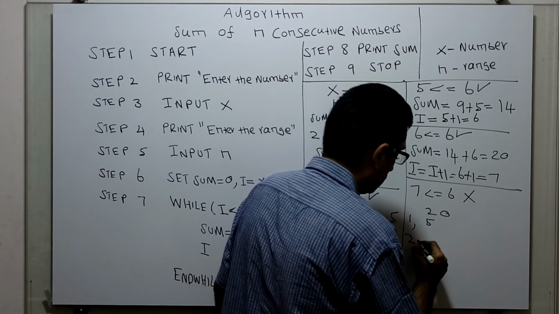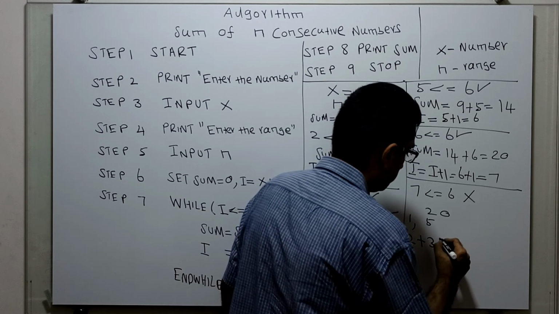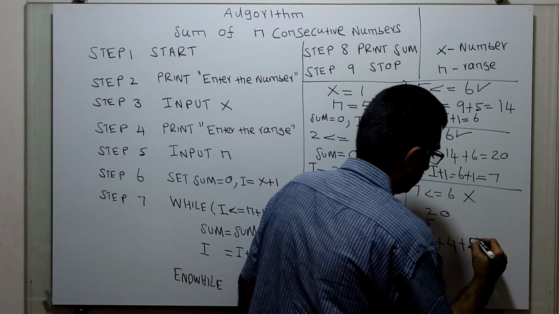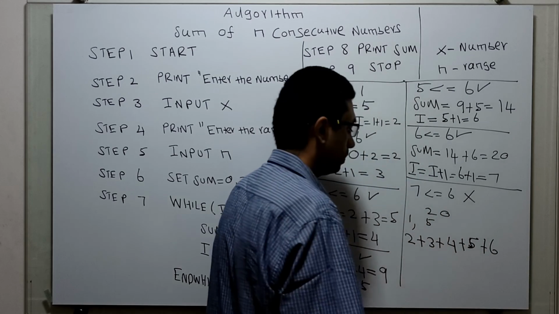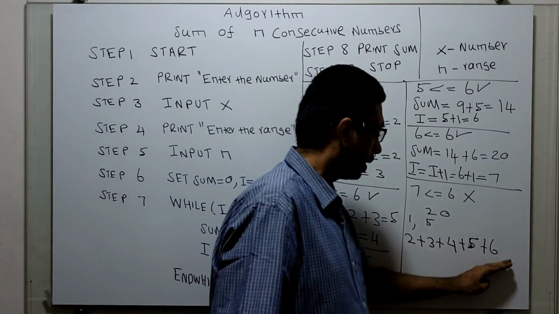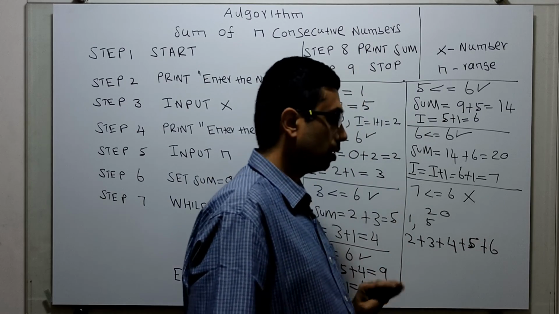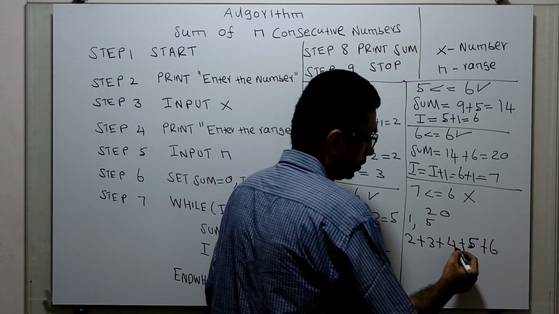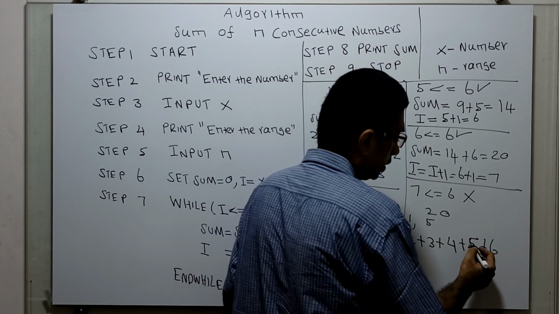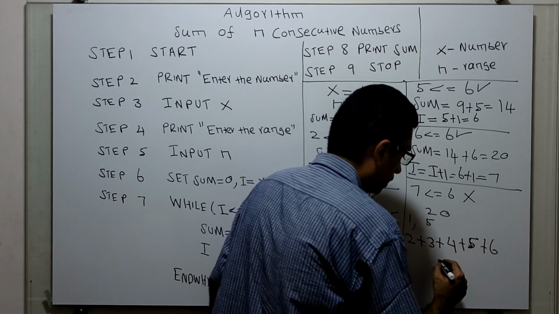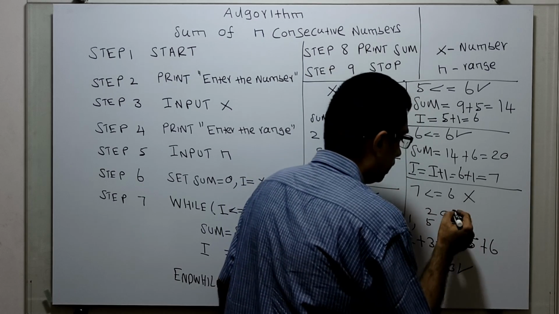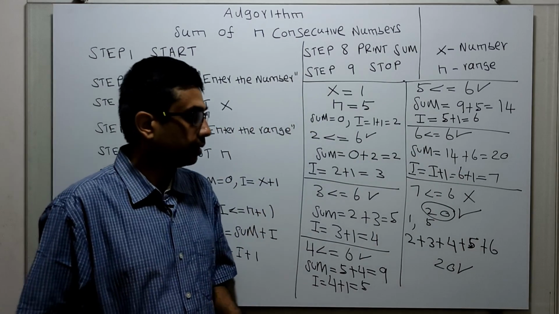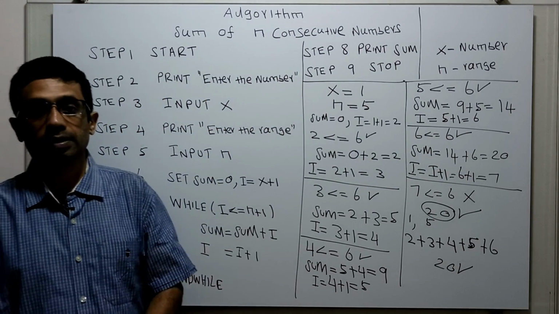That is 2 plus 3 plus 4 plus 5 plus 6. So 2 plus 3 is 5, 5 plus 4 is 9, 9 plus 5 is 14, 14 plus 6 equal to 20. So my algorithm produced 20. It's perfect. The answer is correct. The algorithm is working properly. That's it.